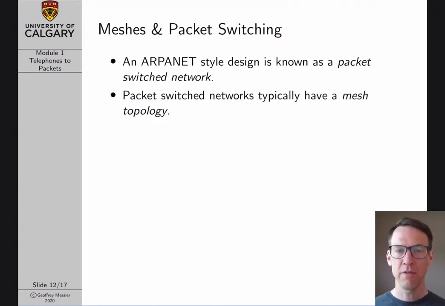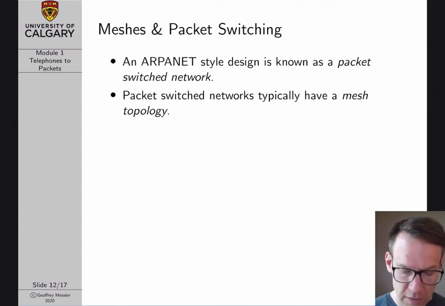And so rather than being a circuit switch network, we refer to the ARPANET and then ultimately the internet as being a packet switched network. And rather than having a star topology, like the different layers of POTS, we generally represent ARPANET and the internet as having a mesh topology.